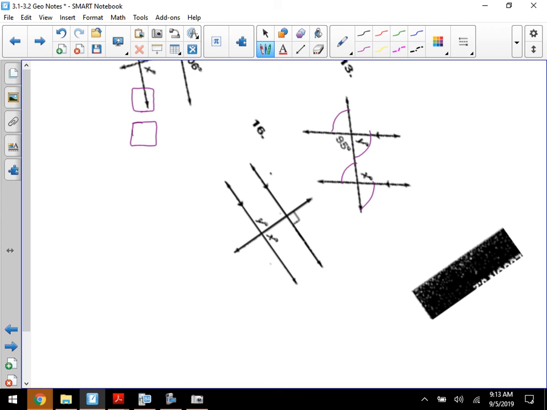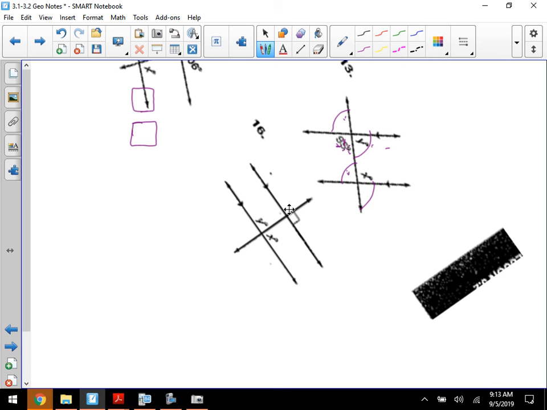I did not run into anything that I was given as far as the information was concerned. The angle that I was given here was 95 degrees. Which means, what do I do to figure out the other angles? Subtract from 180, because these two angles are supplementary. These two angles are supplementary. These two angles are supplementary.